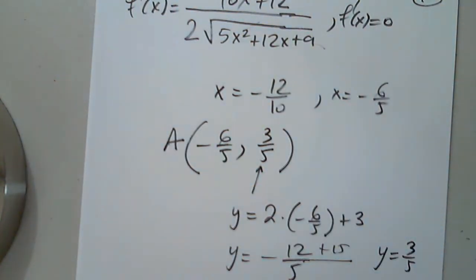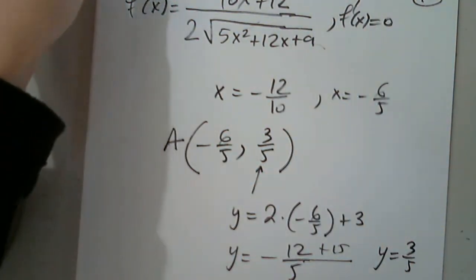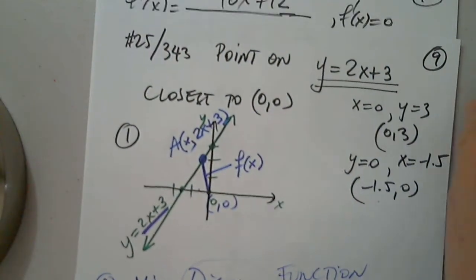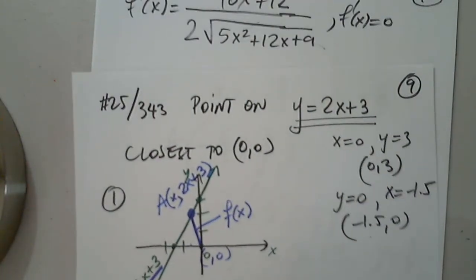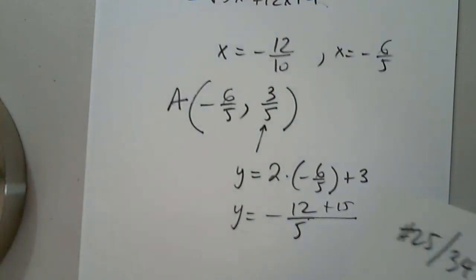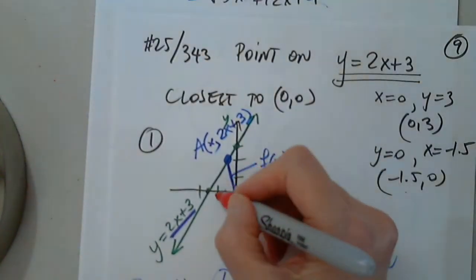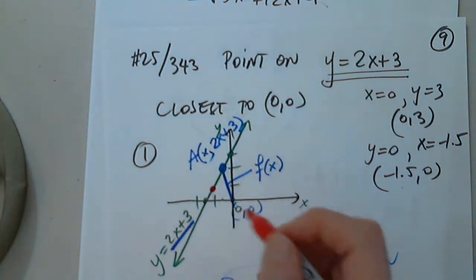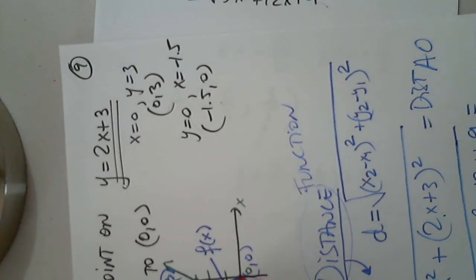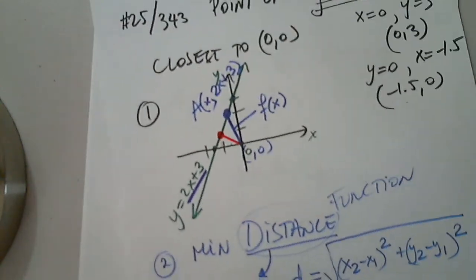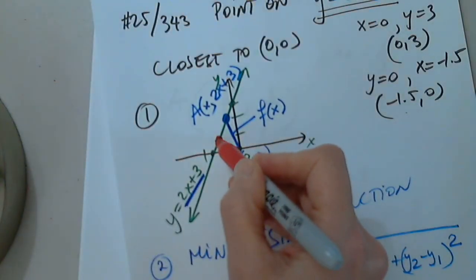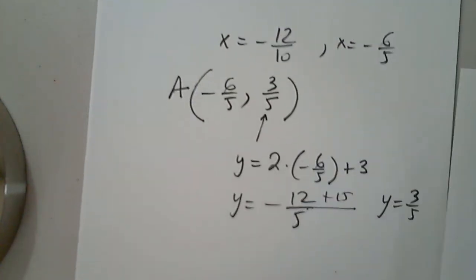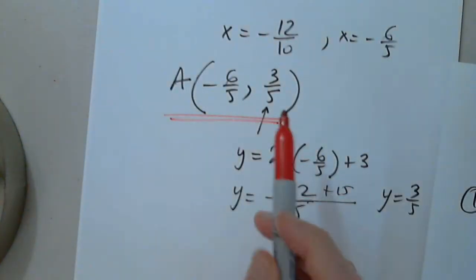So now I know for sure. The point has coordinates negative 6/5, 3/5, exactly where this is perpendicular, as it should be. So that's where the point is, and the coordinates are these.